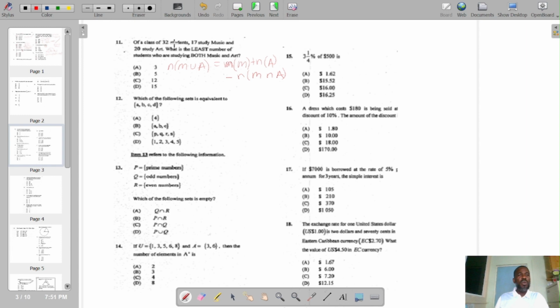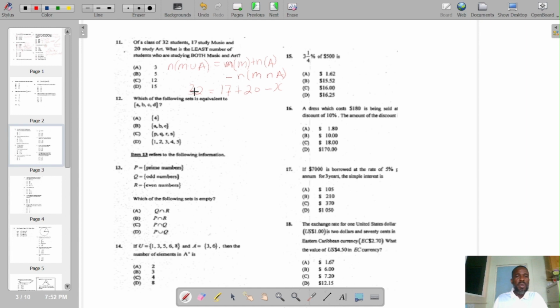And we don't know the number in the intersection, so we're going to call that X. So we have 32 is equal to 37 minus X. By transposing for X, X is going to be equal to 37 minus 32. 37 minus 32 is equal to 5. So the least number of persons who are able to study both is equal to 5. And our answer there is B.